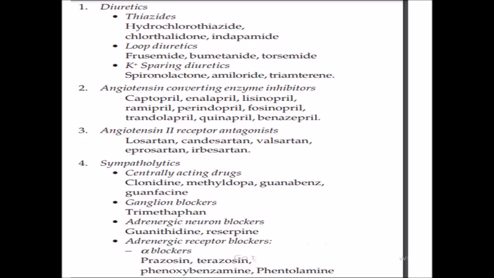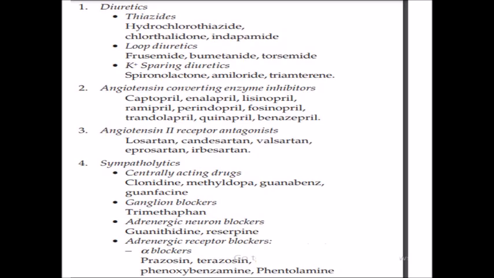Then there are sympatholytic drugs acting as antihypertensives, and these sympatholytic drugs can be of four types. One is centrally acting. The examples are clonidine, methyldopa, guanabenz, guanfacine. Ganglion blockers: trimethaphan. Adrenergic neuron blockers are guanethidine and reserpine.